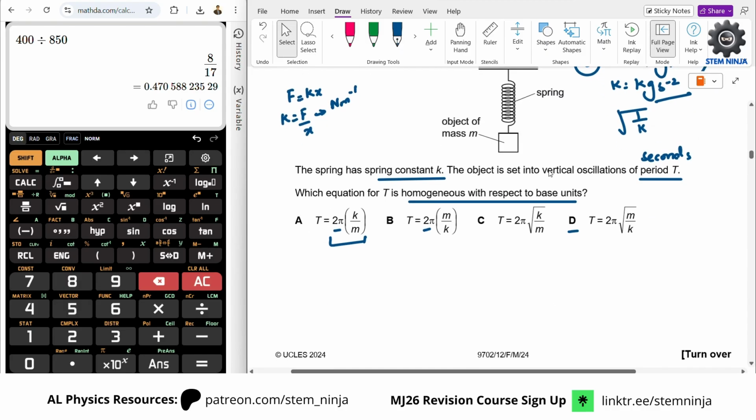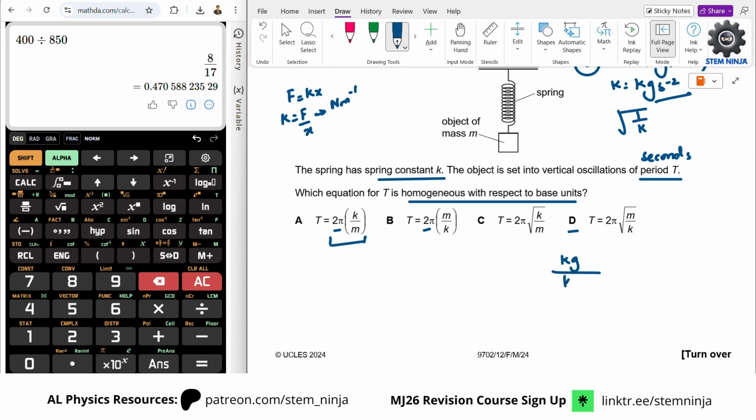Just to be sure, m has units kg and k has units kg second squared. Once you take the square root, you get this. This converts into -1, s raised to the power, sorry, 1 over -1. And this is basically just s. So this would be d.